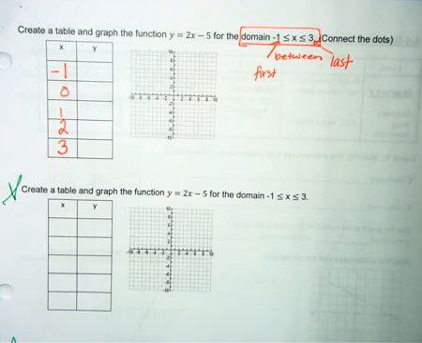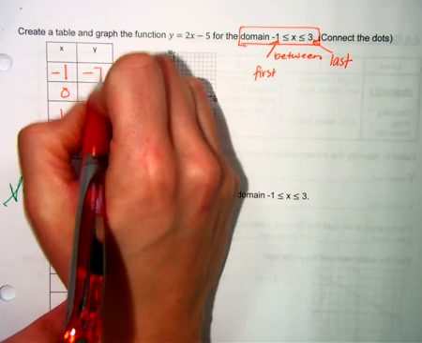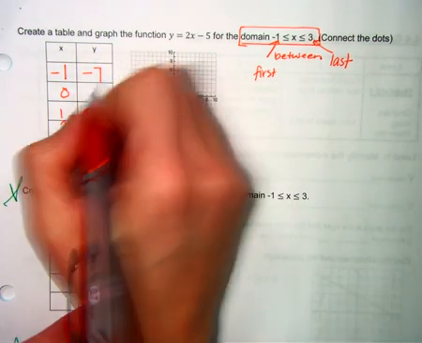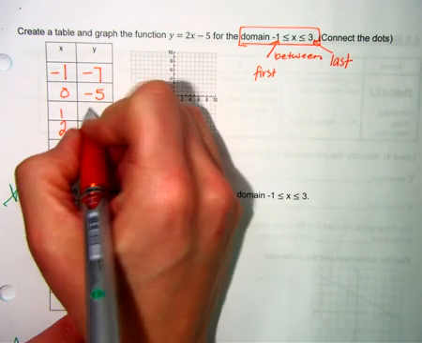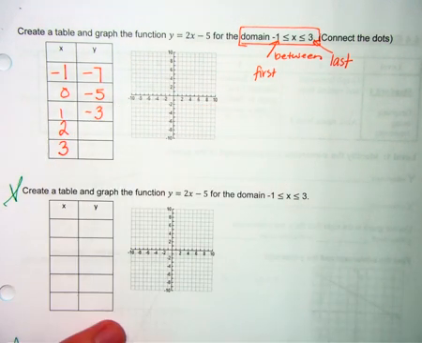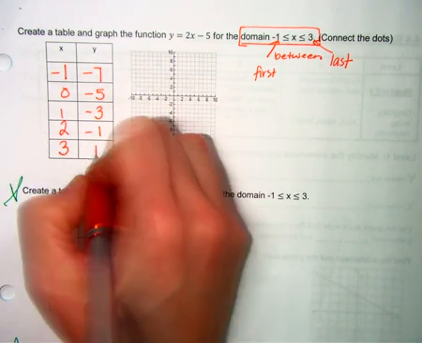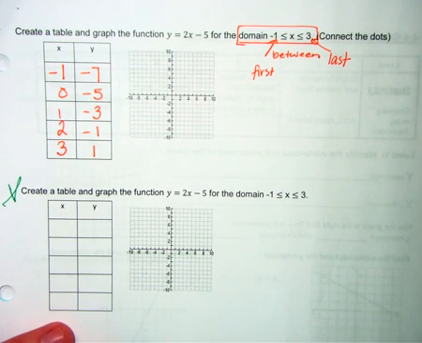Then we plug them in, we put it on the graph, and the only difference is how we are going to finish off the graph. Somebody type this in for me. Type in -7. 0 would be -5. -3. You see that pattern already? -1 and 1.